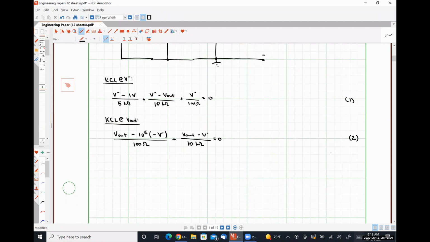If we solve this system, which only has two unknowns, V minus and V out, we find that V minus is equal to 20.199 microvolts.